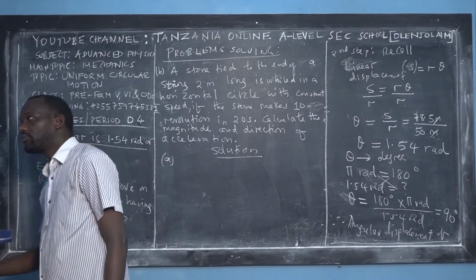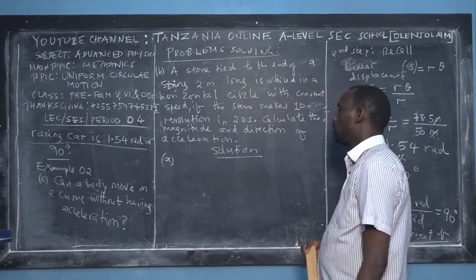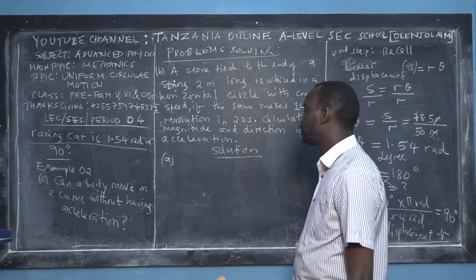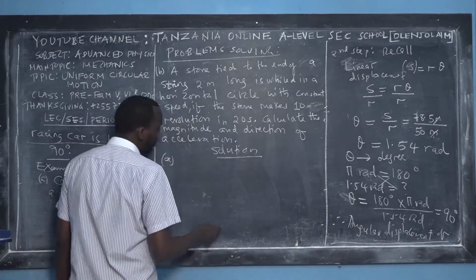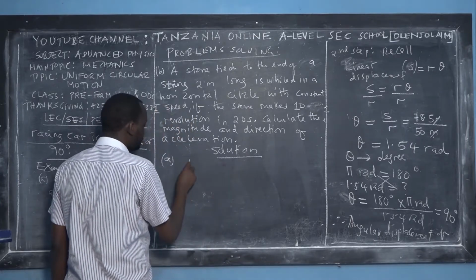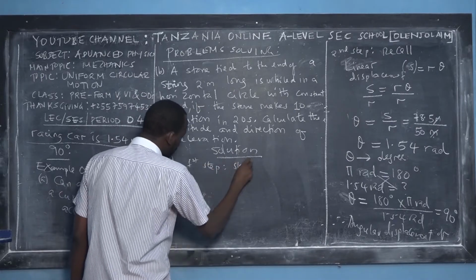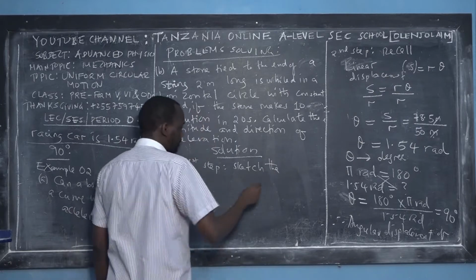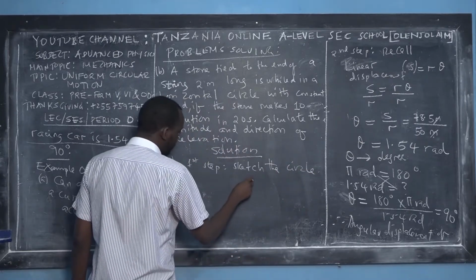The issue here is that you have to understand the concepts of circular motion. Before you say yes or no, you have to sketch the circle, because you have drawing tools.